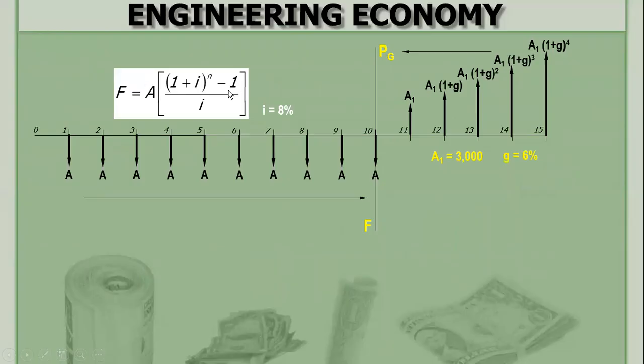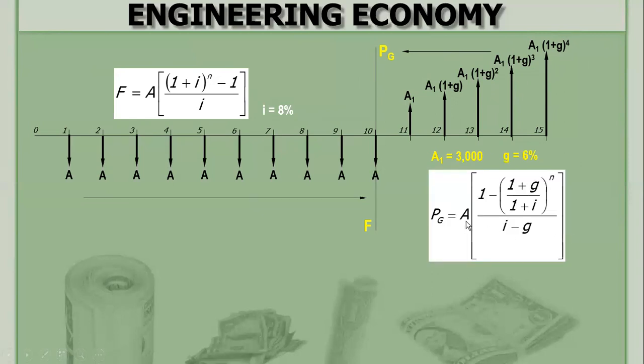So, the formula of F is A times 1 plus I raised to n minus 1 all over I. And the formula of P for the geometric gradient series is this. This is actually A sub 1, so you will not get confused. This is given, 3,000, G is 6%, I is 8%.